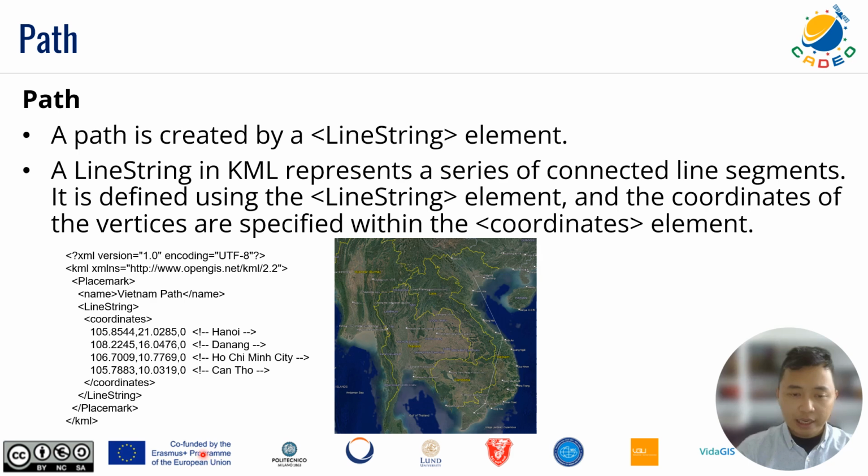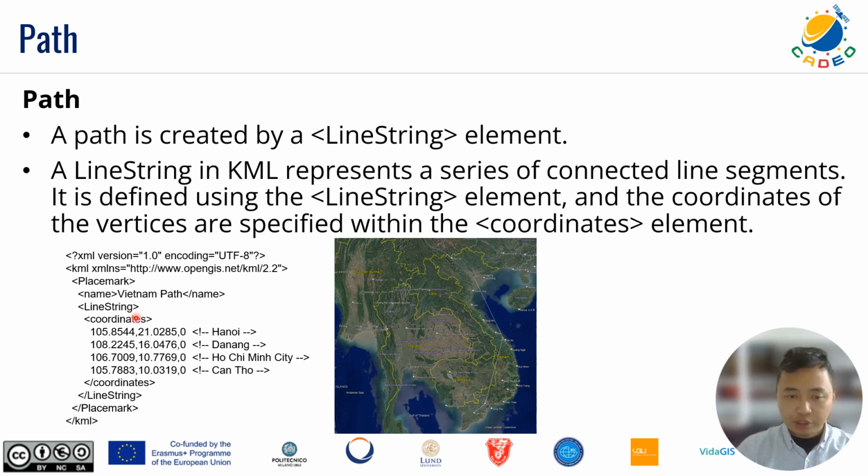You will see here, for example, when we want to show the path from Ho Chi Minh City to Hanoi, via some vertices, some points, which are the cities in between, we can use the LineString inside the Placemark element.